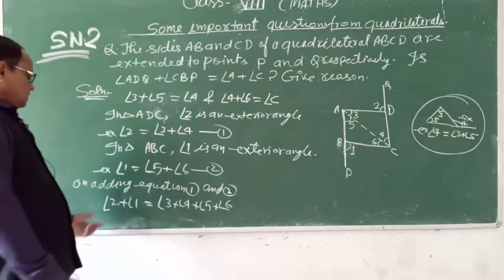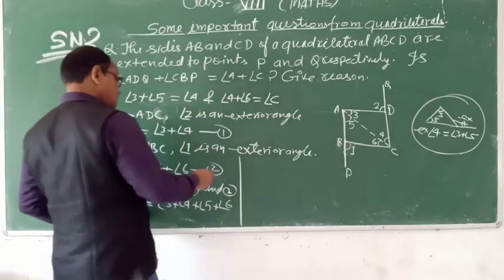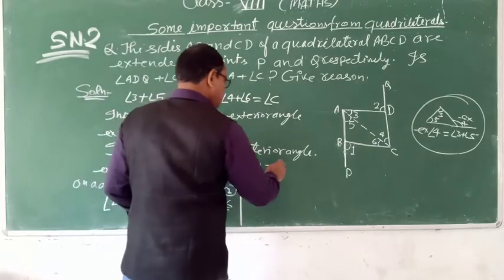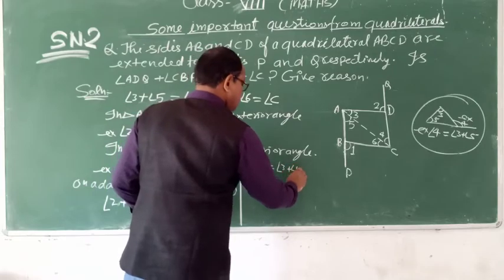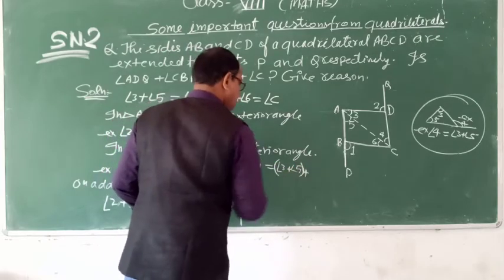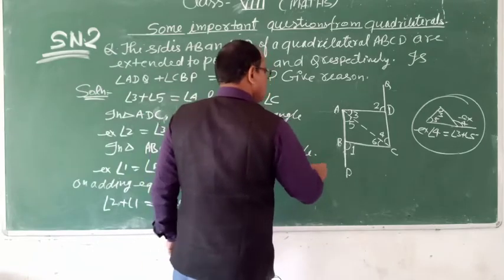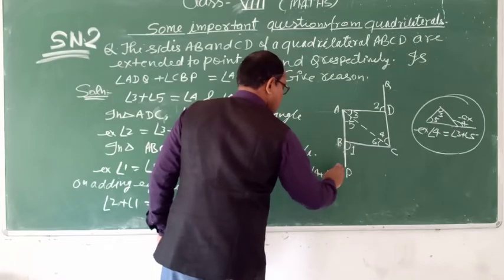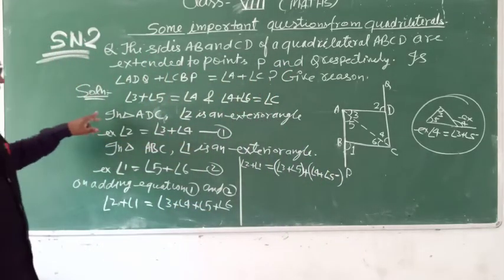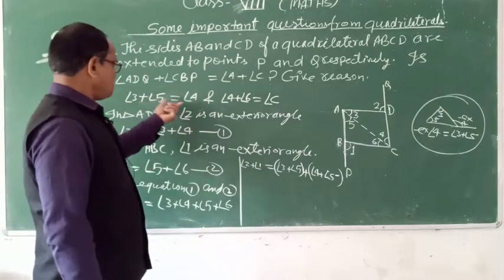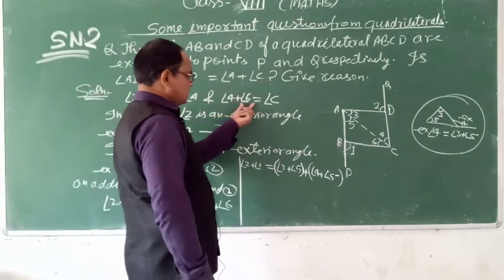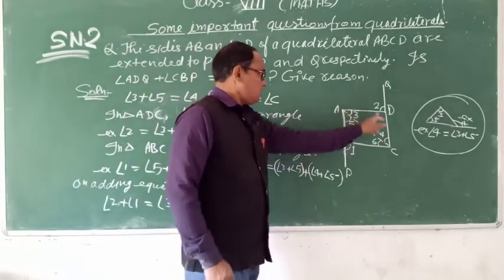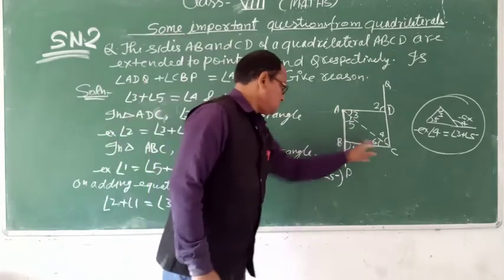In this case, we write angle 2 plus angle 1 is equal to angle 3 plus angle 5 plus, in brackets, angle 4 plus angle 6. Okay student? And here angle 3 plus angle 5 is equal to A, angle 4 plus angle 6 is equal to C, angle 2 is equal to ADQ, and angle 1 is equal to CBP.